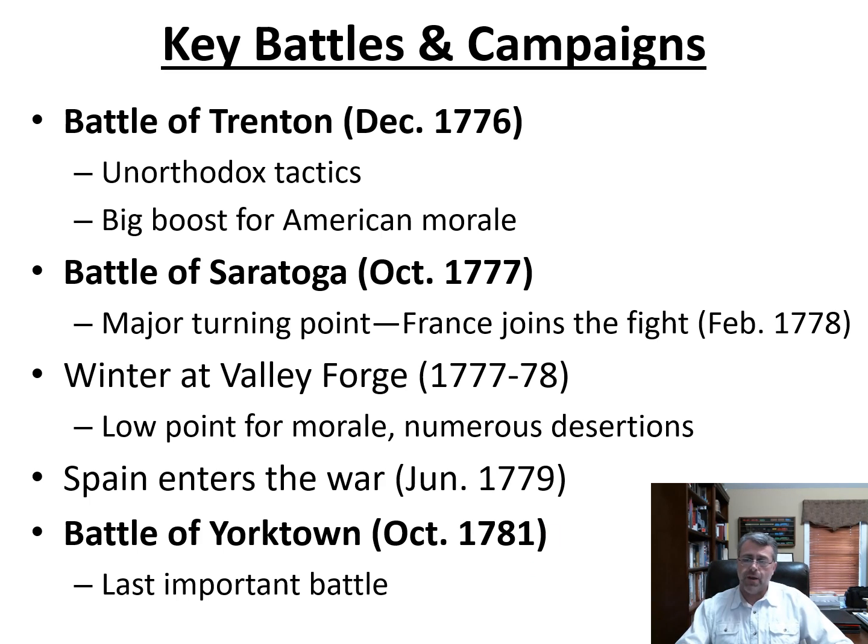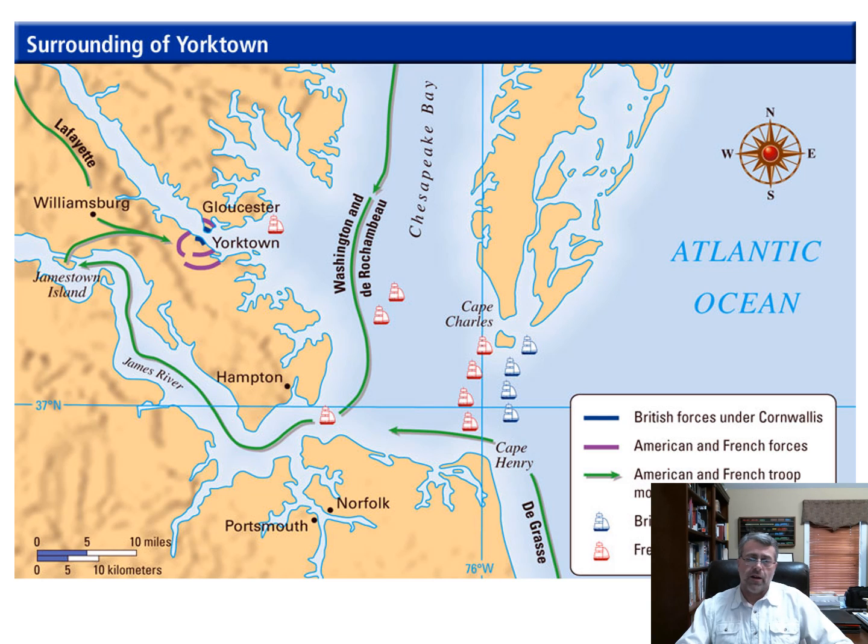Taking a look at our map here, the Battle of Yorktown. This is in Virginia, of course, right on the Chesapeake Bay. A trivial footnote for you: this final battle of the Revolution, which basically brings to an end British dominance of North America, takes place just a few miles away from the first British settlement in North America.